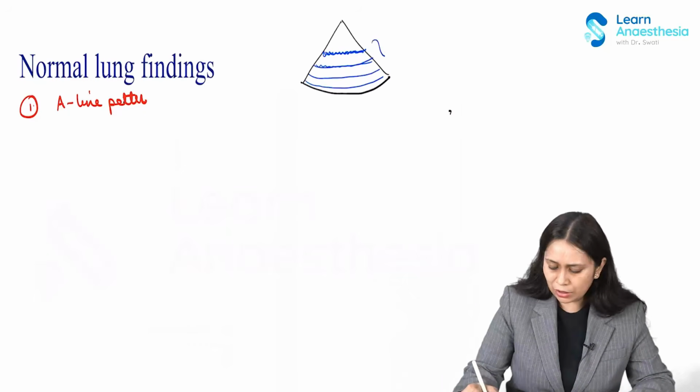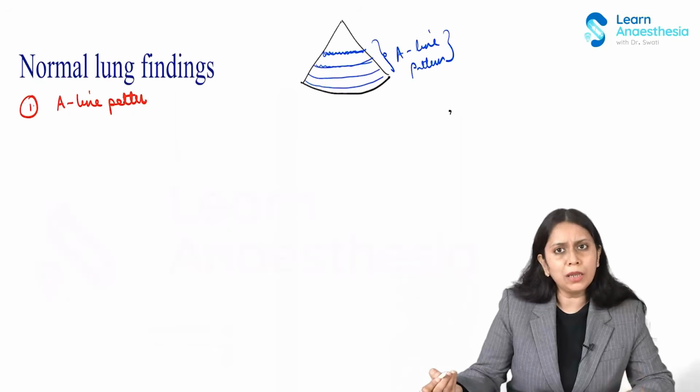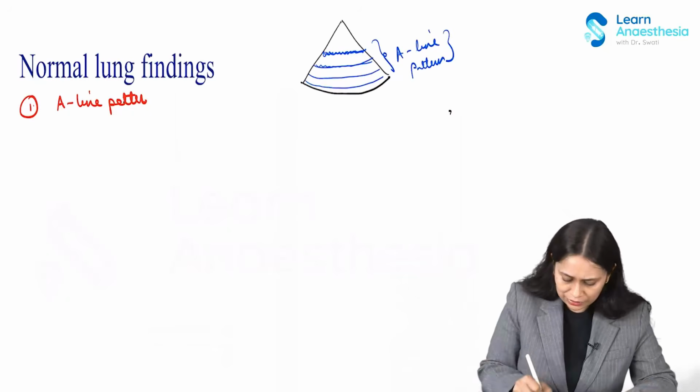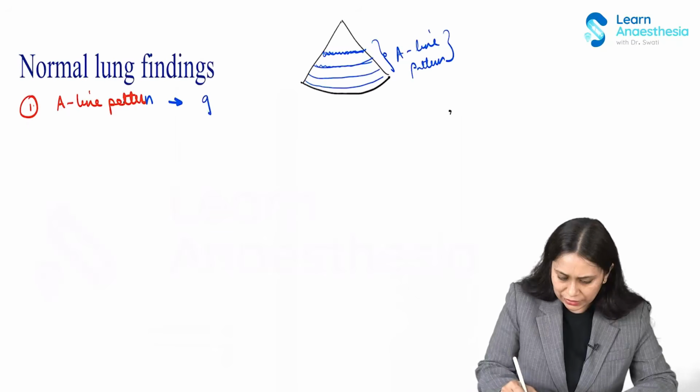So this is called A line pattern. And when this is there, it indicates normal lung aeration. So what is this A line? Why are we getting this A line? This indicates good aeration, and this should be present in normal lungs.